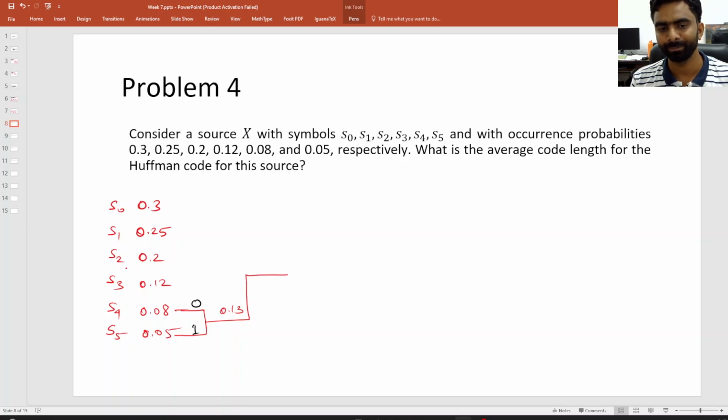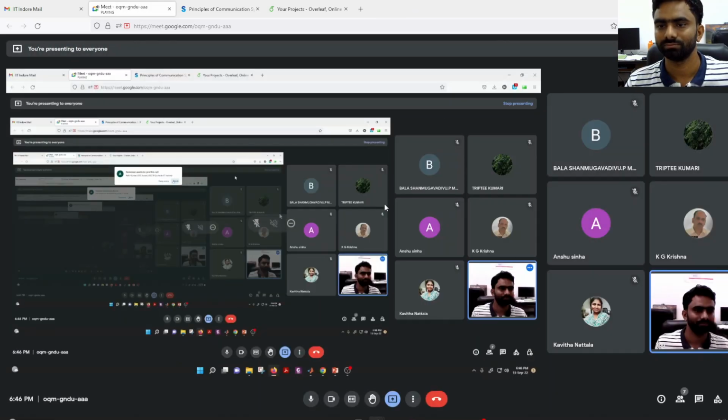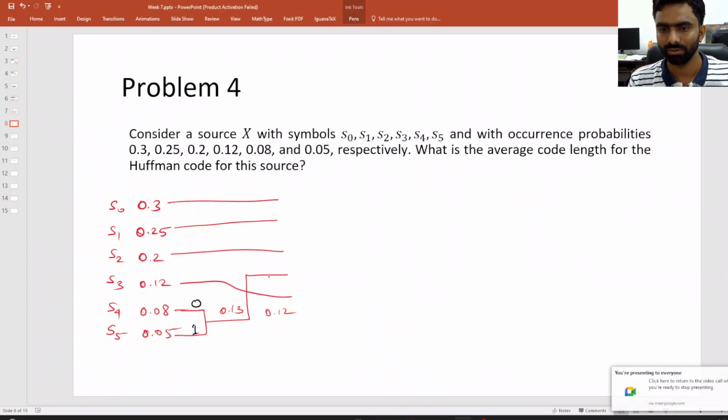That will go between S2 and S3. So S3 will be going below here, and S2 will be here, 0.12. So here it will be 0.13, 0.2, 0.25. Now what are the lowest? These two are the lowest. We will combine them, probability 0.25.